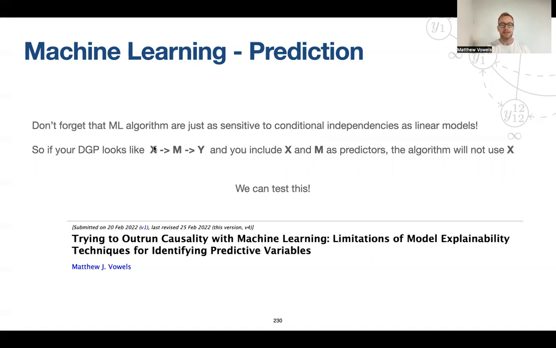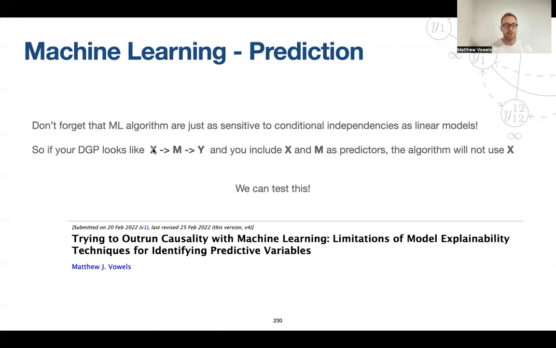So even though x is very predictive of y, once you include m, you block the statistical flow of information from x to y. And if you look at some kind of machine learning explainability technique to help you understand which variables are most important, it will tell you that x is not important. So we have to be super careful, because if we don't know the structure is fully mediated like this, we might come to the conclusion that x is not actually related to the outcome at all.